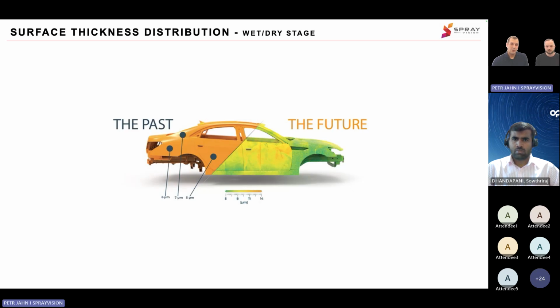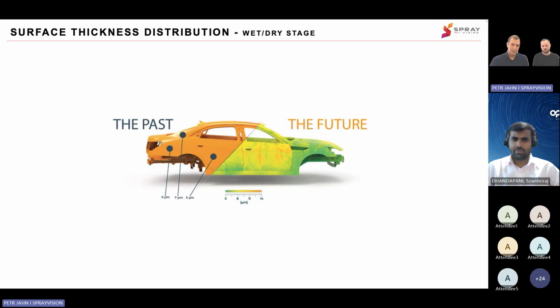Another topic which is more connected with the quality of the coating is the surface thickness distribution. Currently, you are able to measure at certain points by microscope or ferromagnet, but anyway, you are receiving just information about spot measurement.